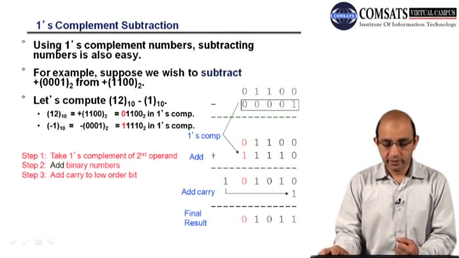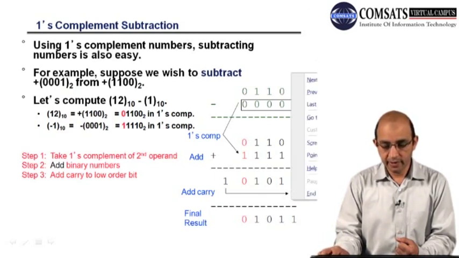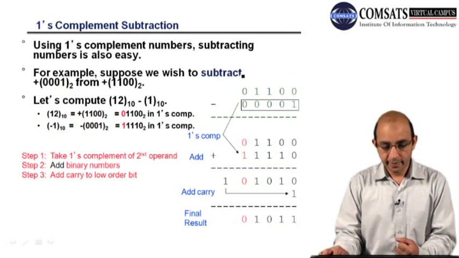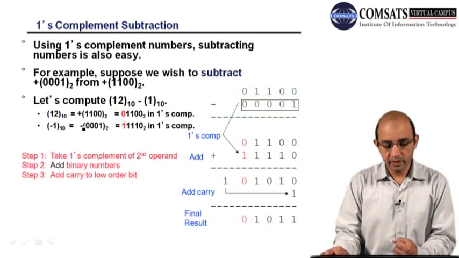Now let's talk about subtraction using 1's complement. We have two numbers that have to be subtracted. So this is 12, and this is minus 1. For the number that has the negative sign, we take the 1's complement of that number.